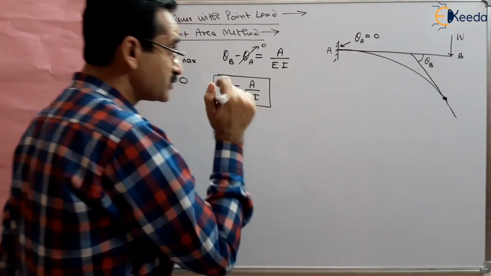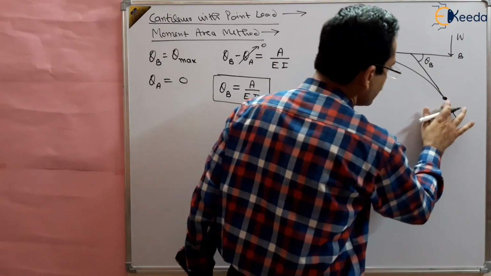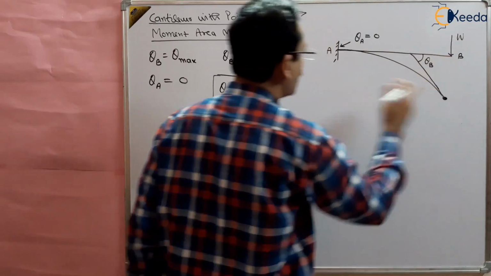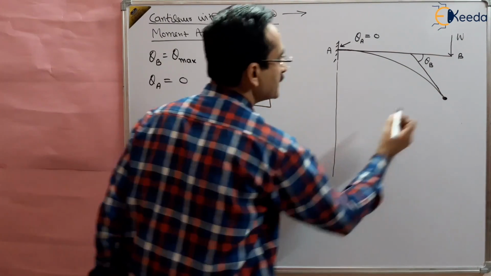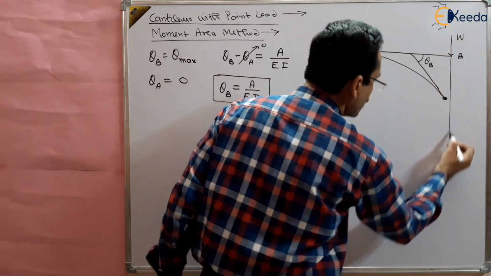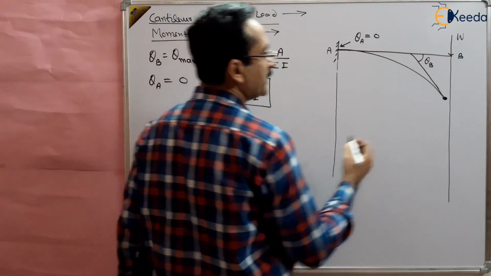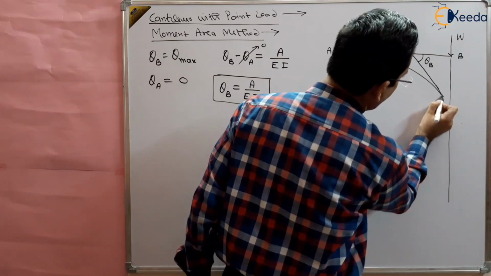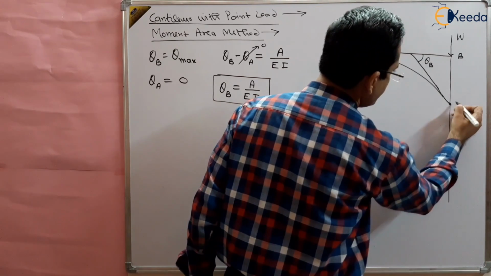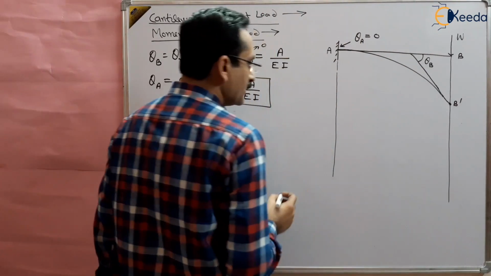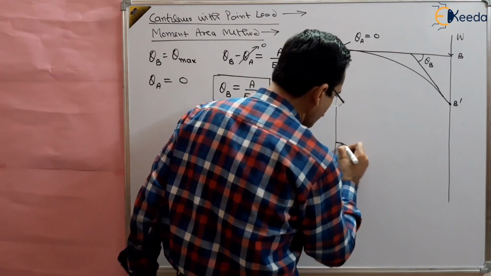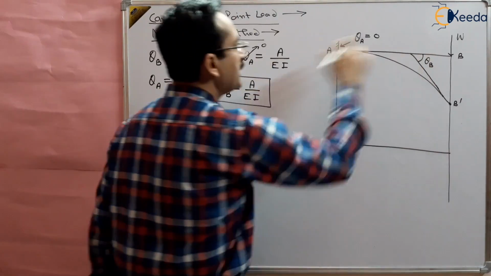So first we should know the area of the bending moment diagram, so first draw the bending moment diagram for this beam. This is the B point, this is B dash, and this is theta B. How to draw the bending moment diagram for this beam?